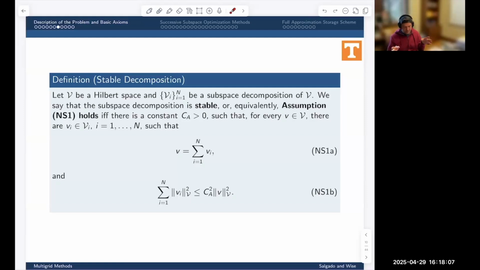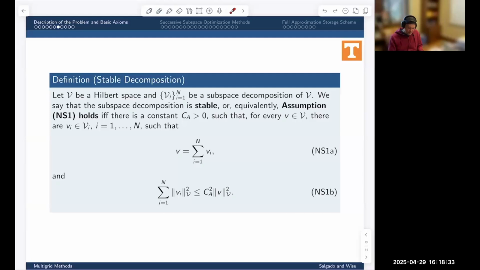We'll wait until we discuss the finite element implementation of these ideas in the next chapter. For now, let's just take this as a definition. Some decompositions are stable in this sense, and some subspace decompositions are not. We'll come back and revisit this momentarily.